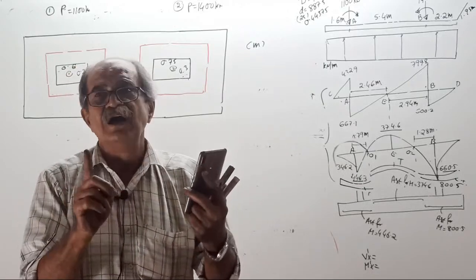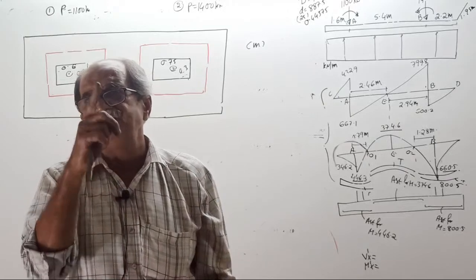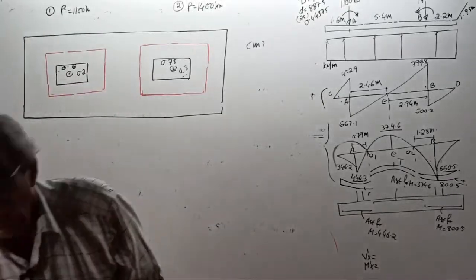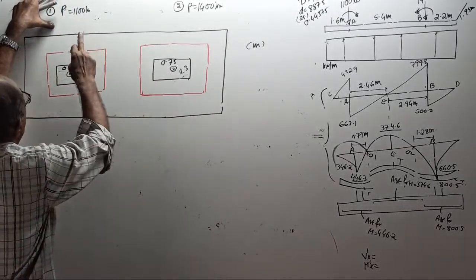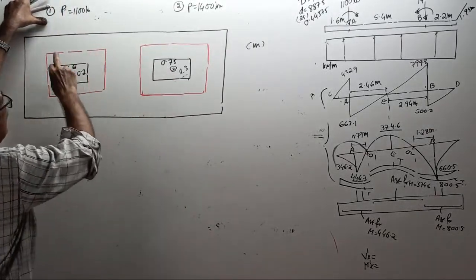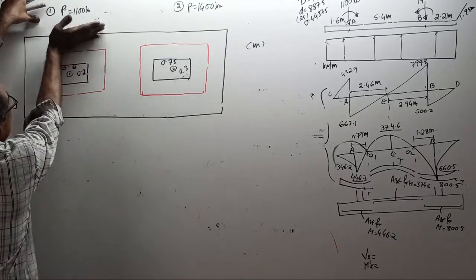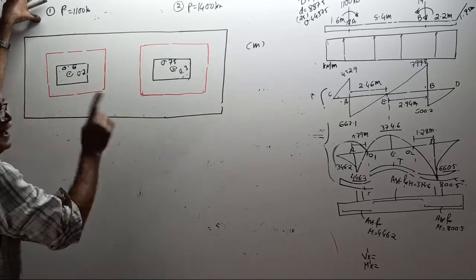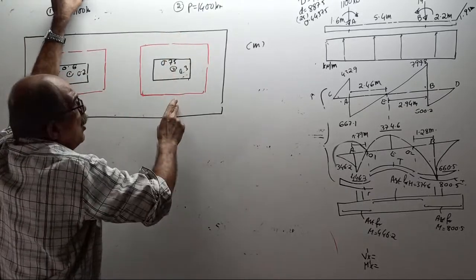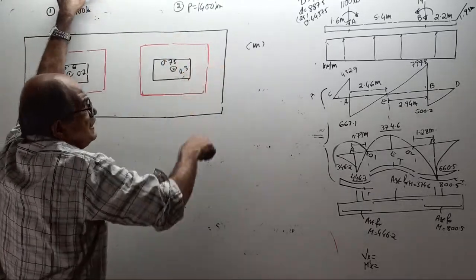No, wrong. You have to check under both the columns, because where column load is lesser, the resisting area, when you go surrounding here, is also lesser. When column load is more, the resisting area is also more.